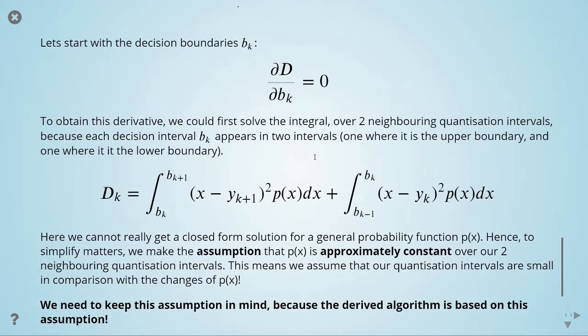So we are assuming that the probability p of x is approximately constant over two neighboring quantization intervals. Yeah? Therefore, when we don't have a closed form solution for a general probability function p of x, we will assume that it's approximately constant over the two neighboring quantization intervals.